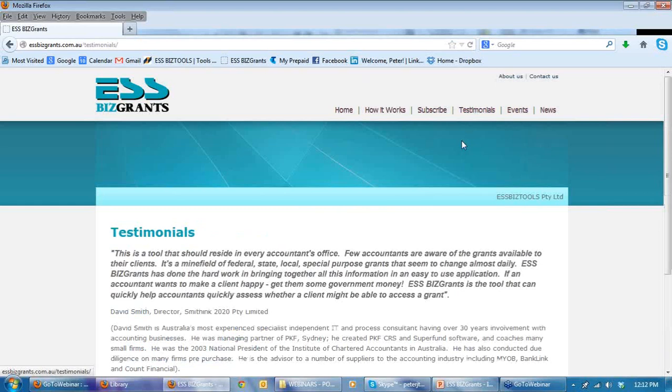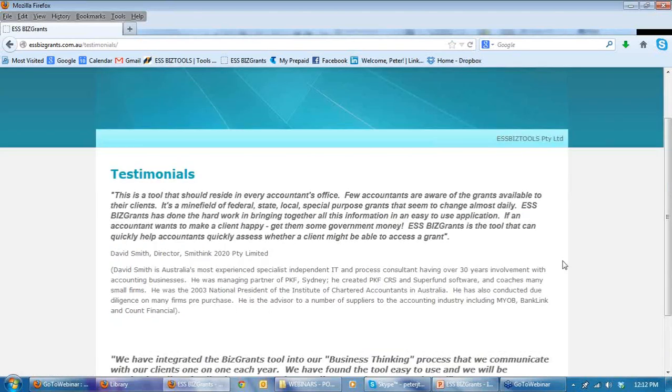It's always difficult when you're buying a new product, you don't know any of the background of it. This product was suggested to us some 6 years ago by David Smith, who's a director of Smith Inc. 2020 and has had a wide experience in the technology side of accountancy businesses, besides having been the senior partner of PKF in Sydney.